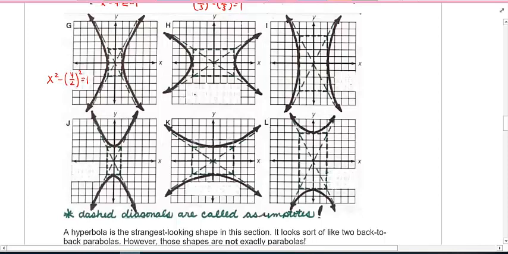Remember, G, H, and I all open left and right, so the x goes first. Where J, K, and L, the y's go first because it opens up and down.